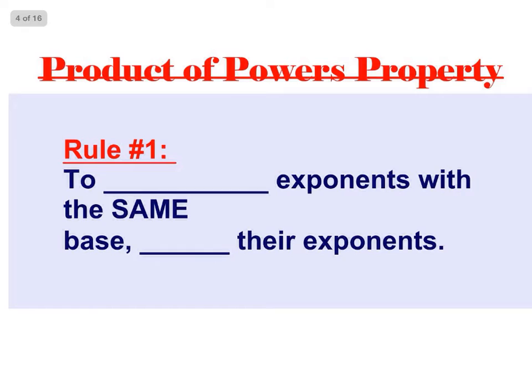Hopefully, in the activity that you did in Lesson 6.0, you began to realize some patterns as you looked at those exponent examples. We have a product of powers property. Remember, product is the answer to a multiplication problem.